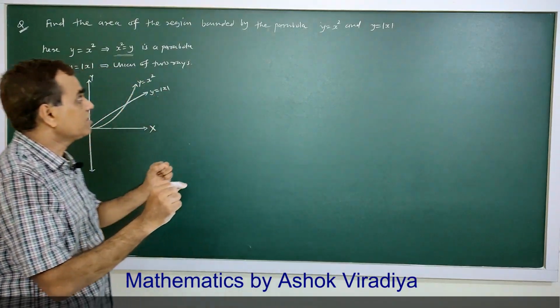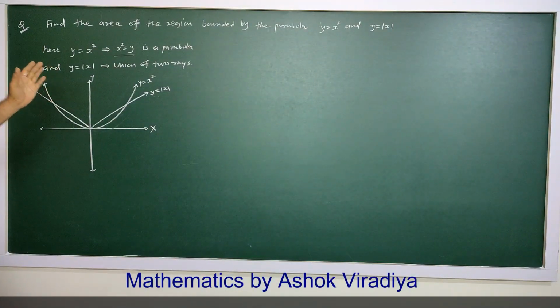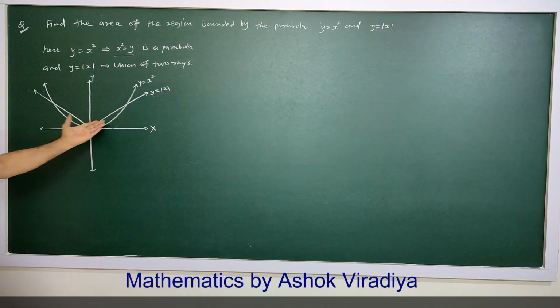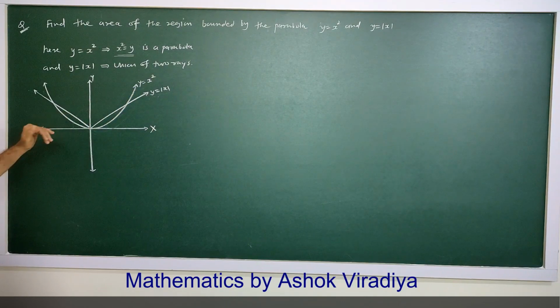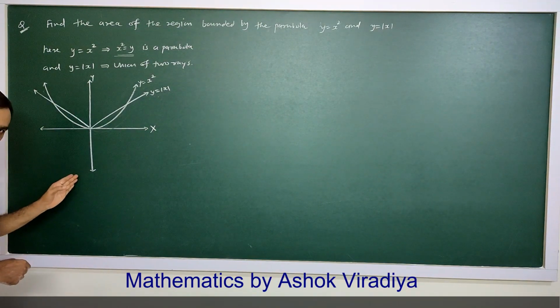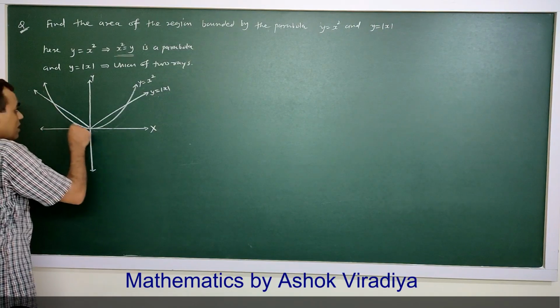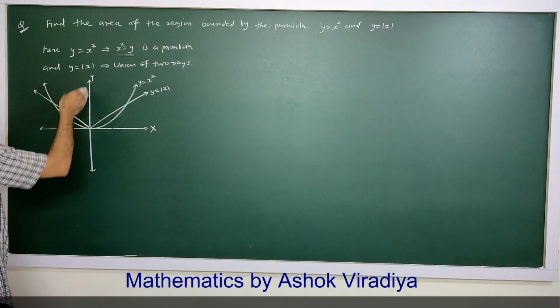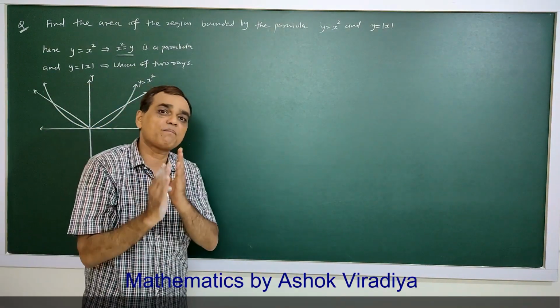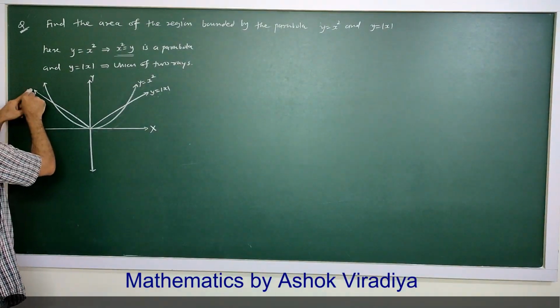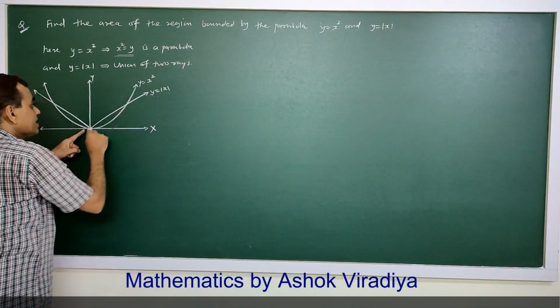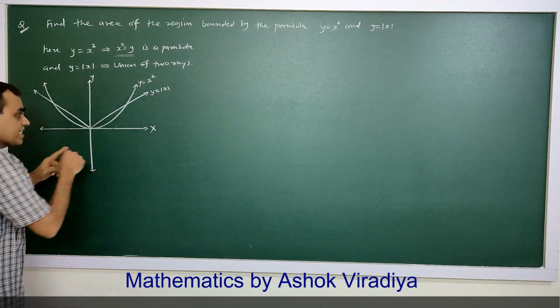So we want the region bounded by y equal to x square and y equal to modulus x. Now look here, this is symmetric about the y-axis. So this parabola is symmetric about the y-axis. The y-axis is the axis of the parabola, and this y equal to modulus x is also symmetric about the y-axis.